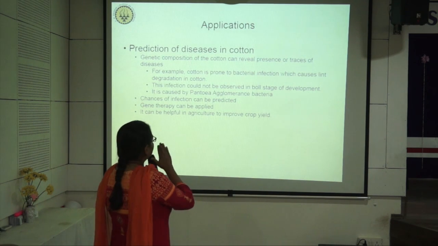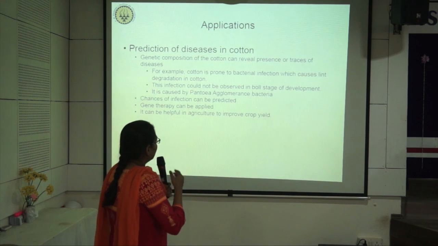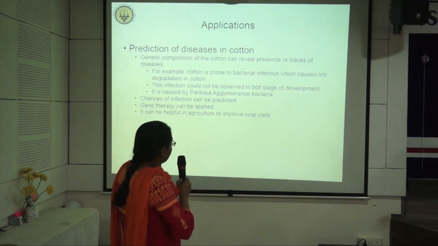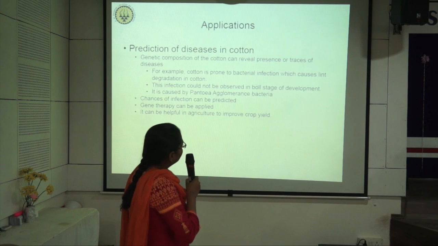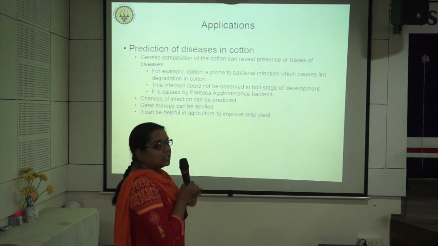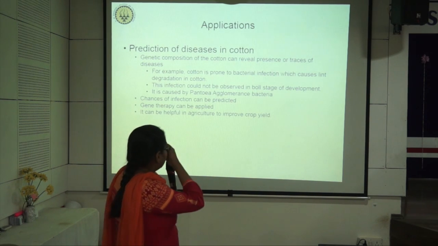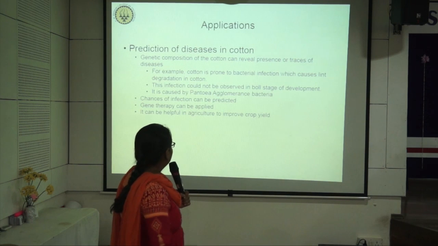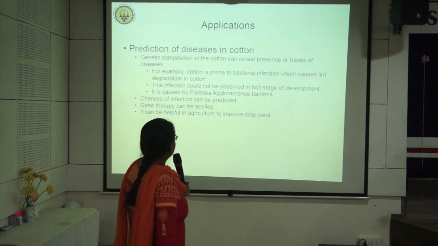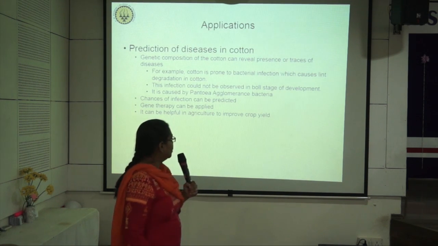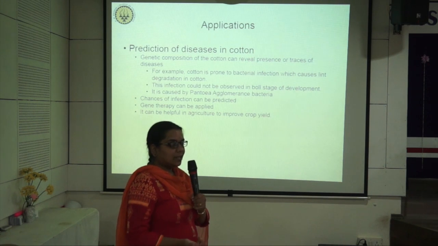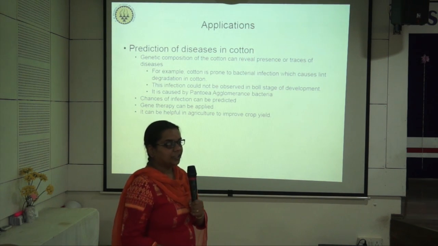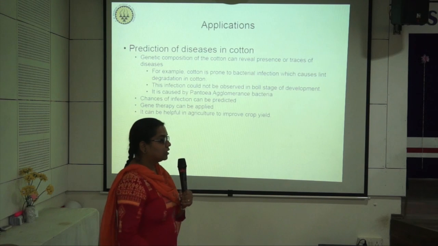But if you go for making out the similarities with Pantoea agglomerans, you will be in a position to get the DNA sequences mapped, and then the infection can be detected. Similarly, gene therapy and agriculture to improve crop yield. Recently, BT cotton was a great achievement as far as this is concerned.